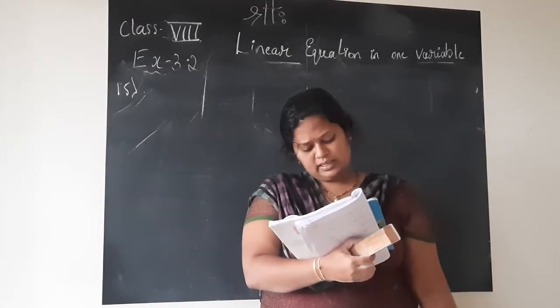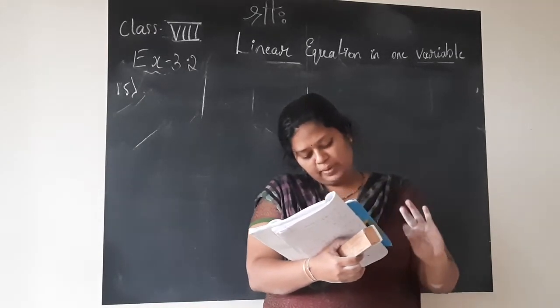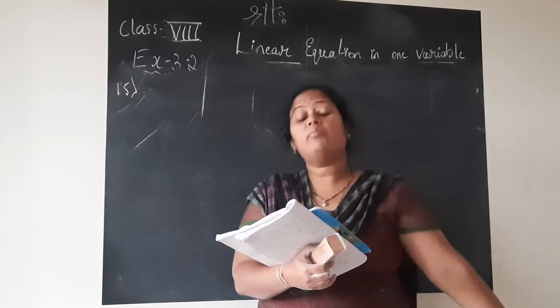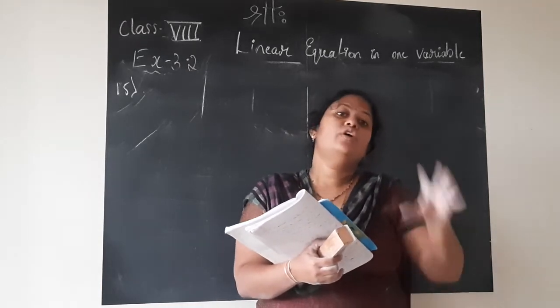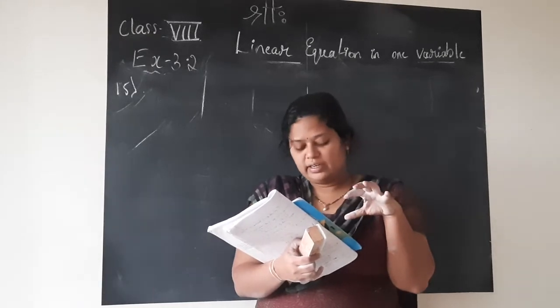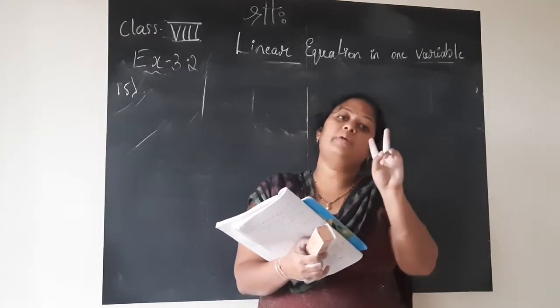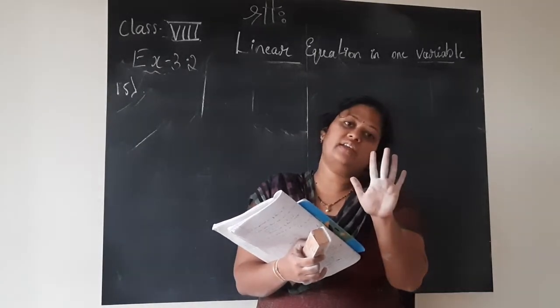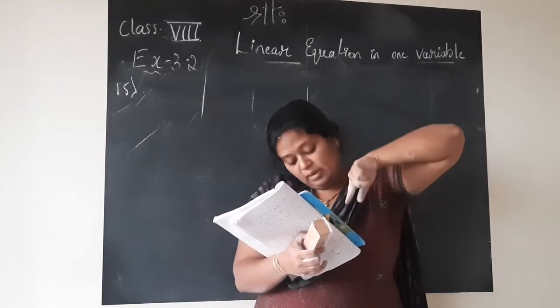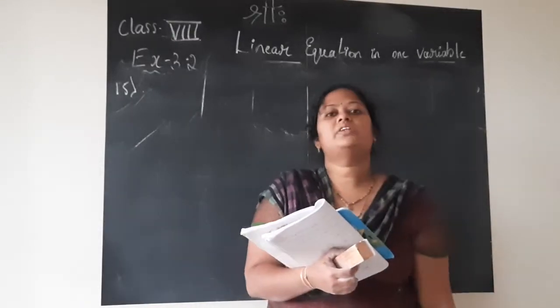And one more hint he is telling: the number of rupee 2 coins is 3 times the number of rupee 5 coins. So the number of 2 rupee coins is 3 times the number of 5 rupee coins. If there are 5 coins of 5 rupees, and you multiply by 3, how much will you get? 5 threes are 15. 15 coins of 2 rupees will be there.